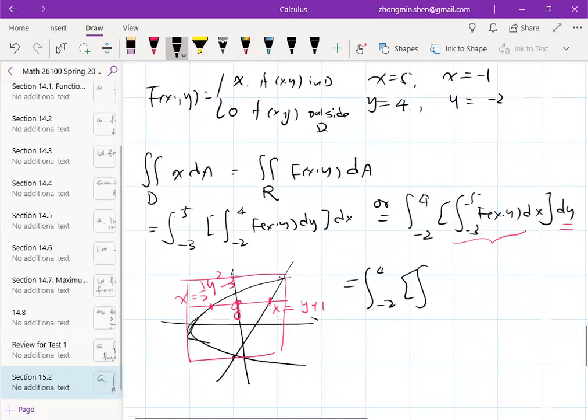So I'm going to choose x from half of y squared minus 3 to y plus 1. Then over that interval for fixed y, the capital F of x can be replaced by x, dx.